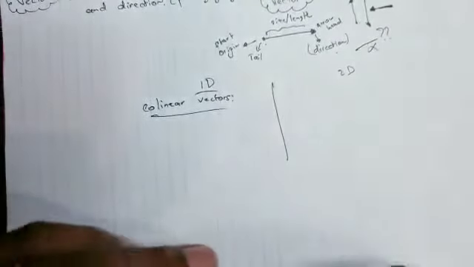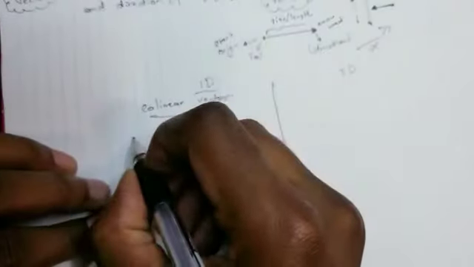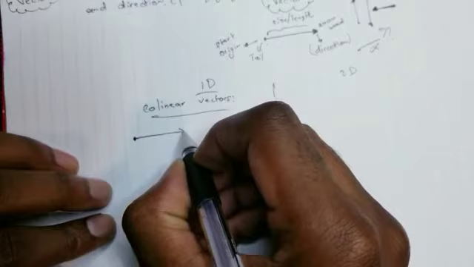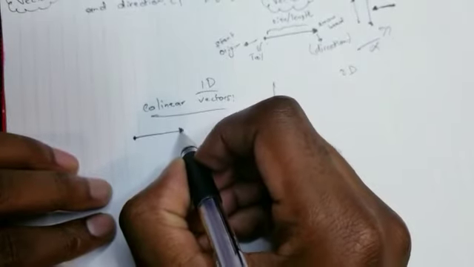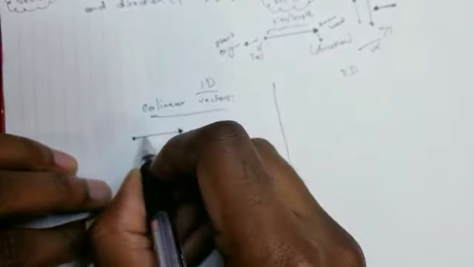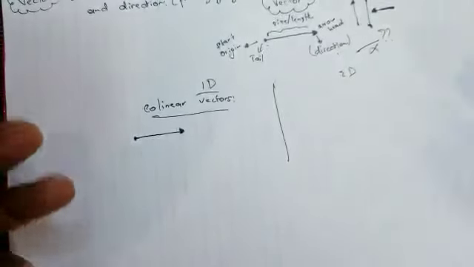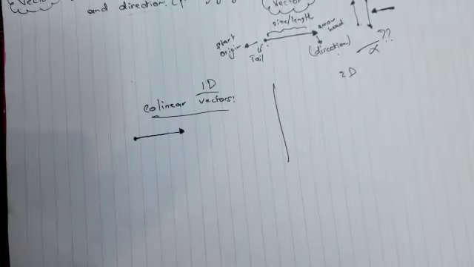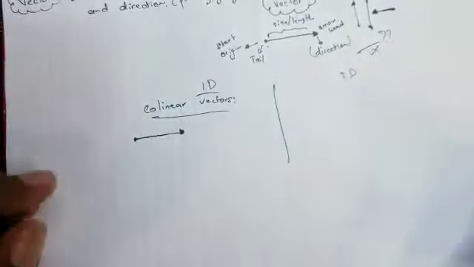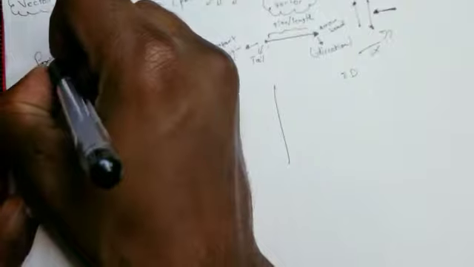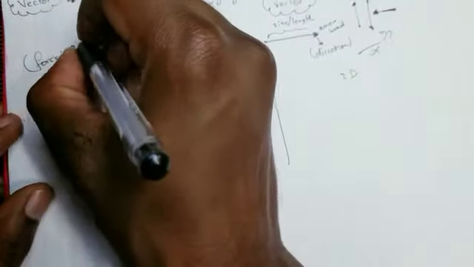Collinear just means they are on the same line. So I can have a vector like this. And then if you check your textbook, you find that they'll give you examples of vectors. So for instance, force. Before I explain this, I can just use force as an example. If you look at force, force is defined as pull or push.